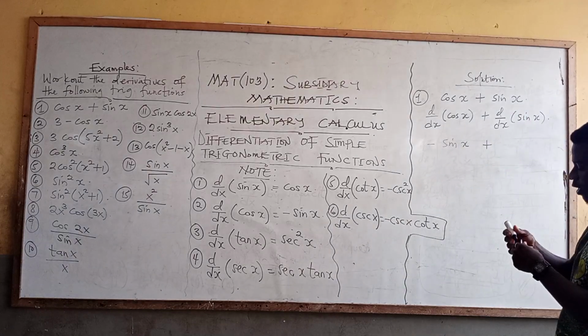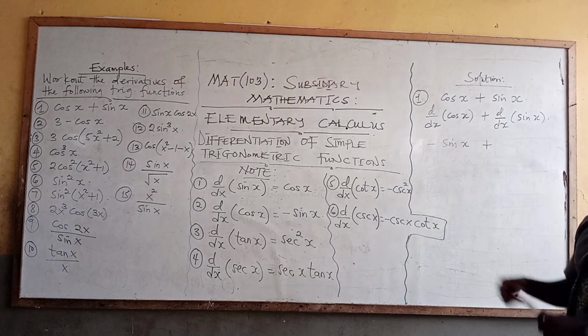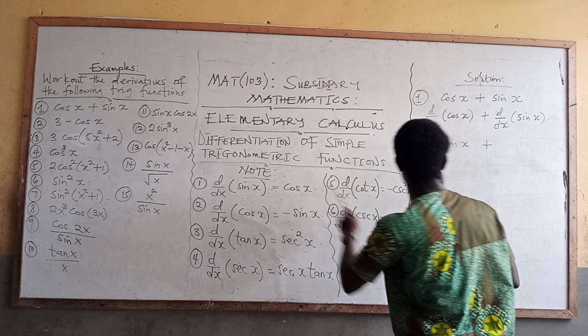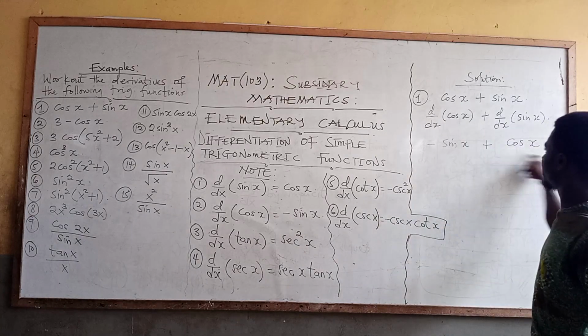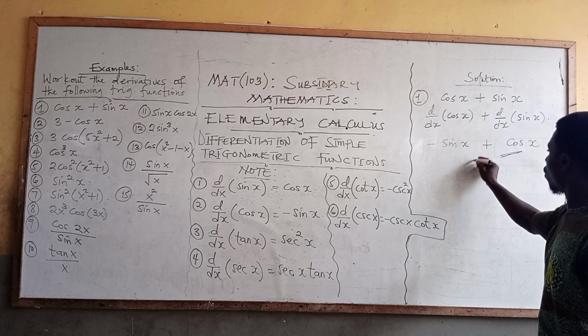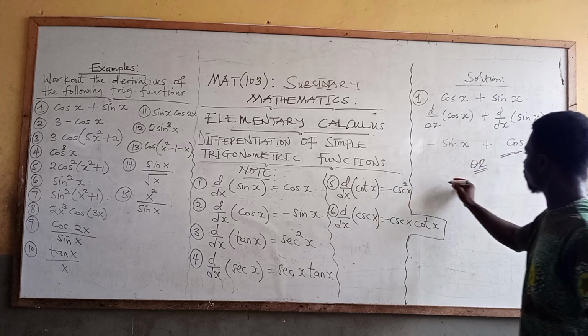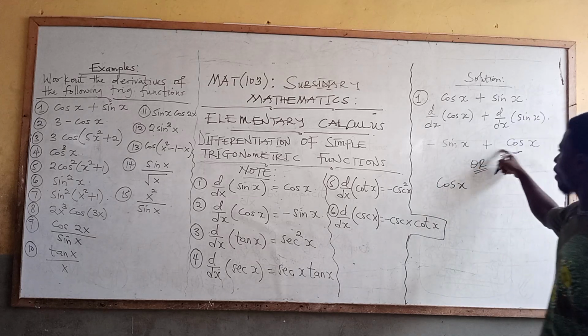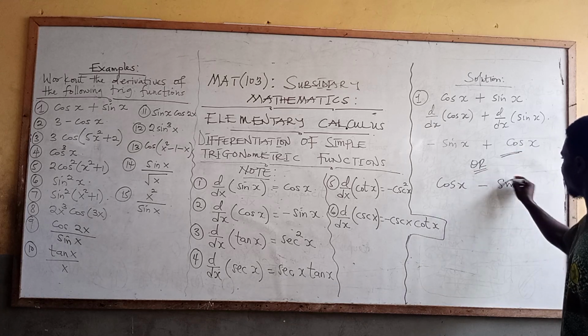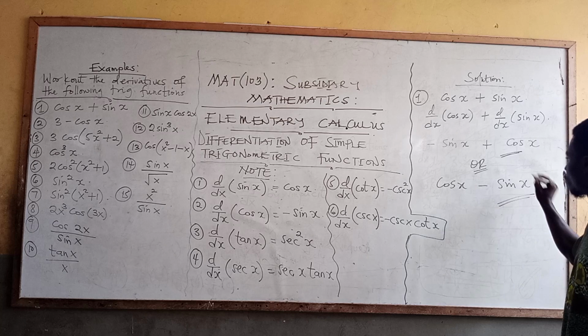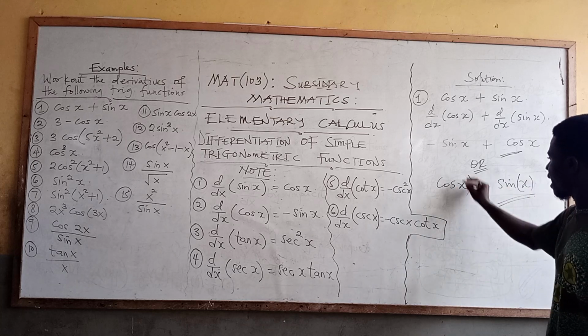Plus, when you differentiate sine x with respect to x, you get cos x. So this is the answer, or you can write it as cos x, you bring the positive term first, minus sine x.